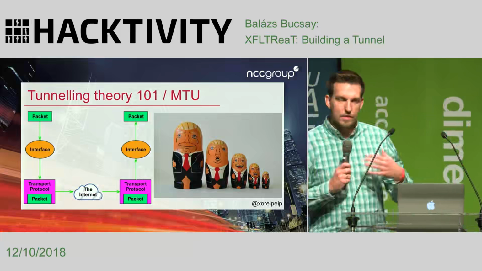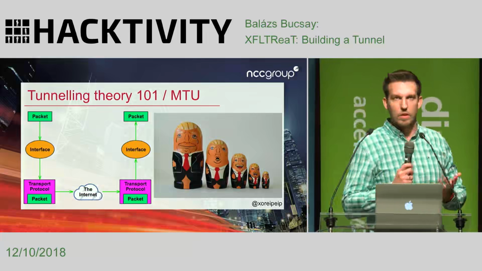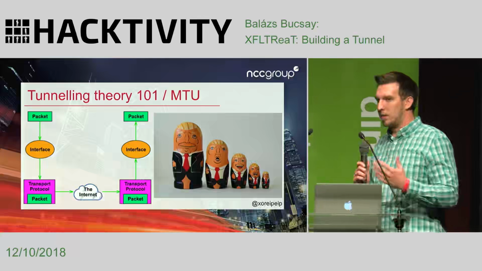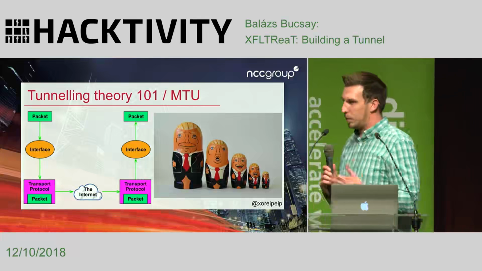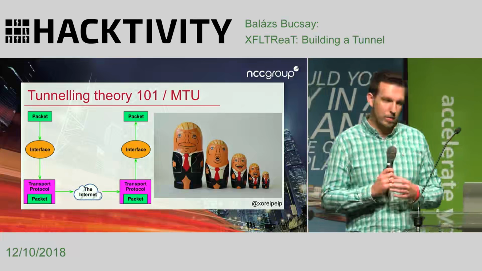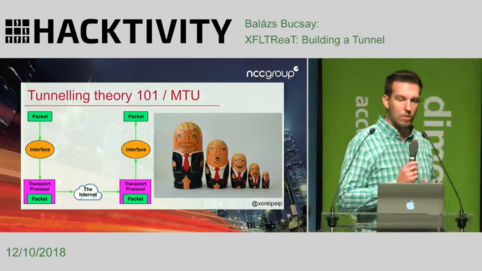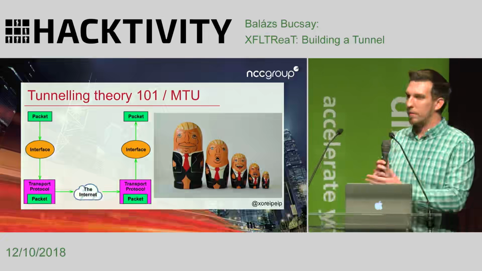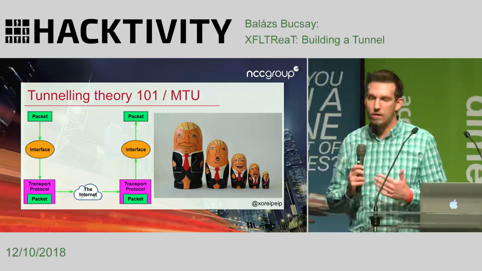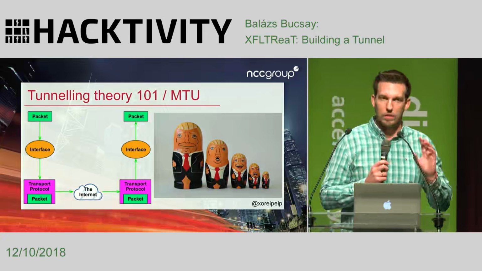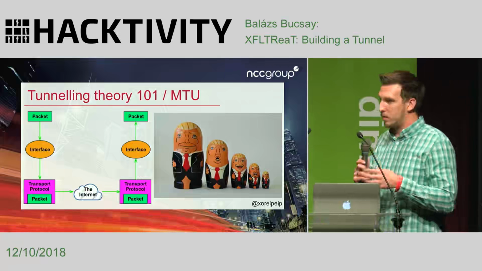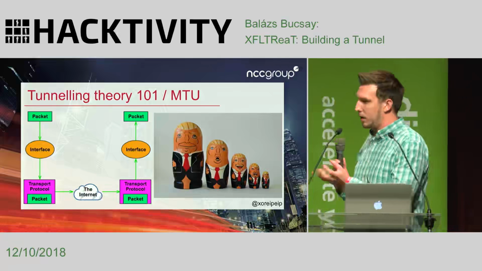Let's say you have a network where everything is filtered except one thing, which is ICMP, so you can ping stuff on the internet because that's unfiltered, but any other traffic like TCP or UDP will be filtered by the firewall. What you can do is set up an ICMP tunnel on the server and on the client, capture all the packets on the client side and encapsulate them into a ping packet.